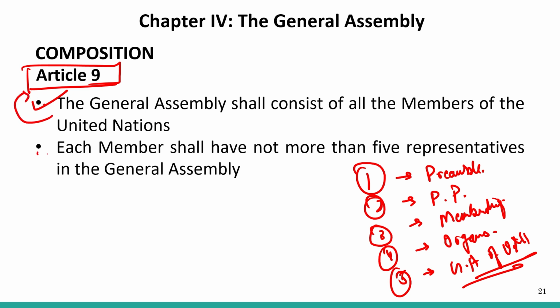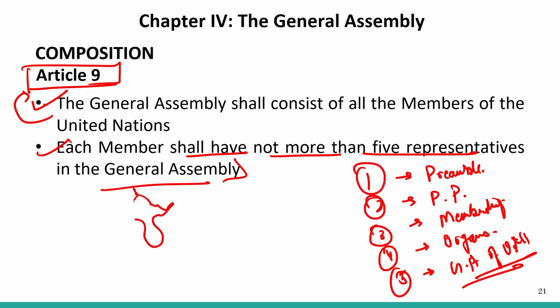Each member shall have not more than 5 representatives in the General Assembly. So if you talk about India, let me try to make the map to the best of my knowledge.